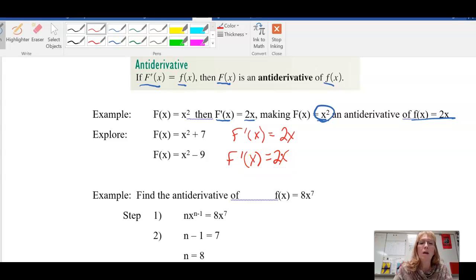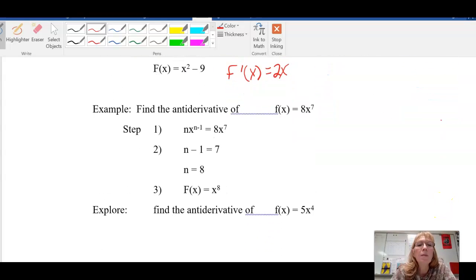The problem here is we have two antiderivatives of 2x, x squared plus 7 and x squared minus 9. So we came up with the same derivative both times, but from two separate equations. This means when we find this, we have to add plus a constant back here because we don't know what it is. And we'll show you this in just a little bit.